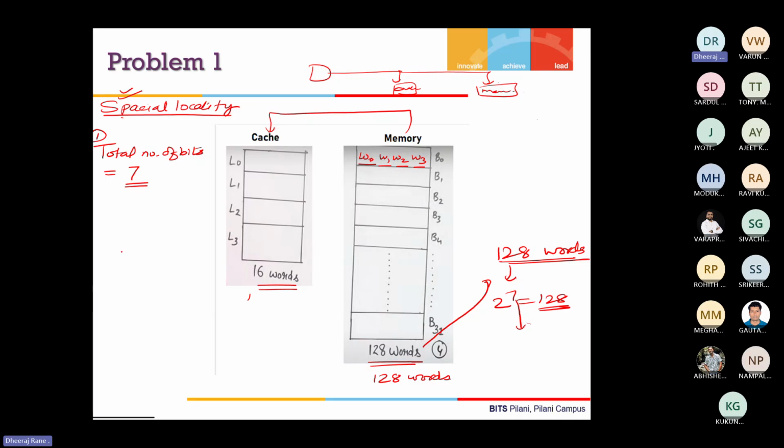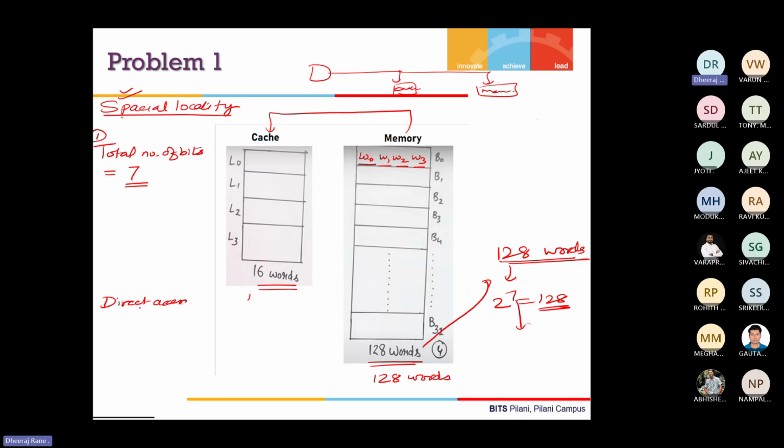Now corresponding to each and every methodology, say direct access, within direct access I have to classify what exactly the fields will be. So in direct access, a tag will be there. Then apart from that, line will be there, or specifically bits corresponding to the line number will be there.